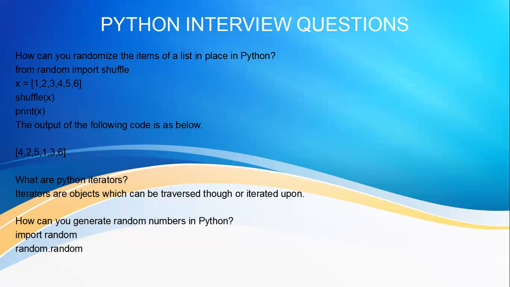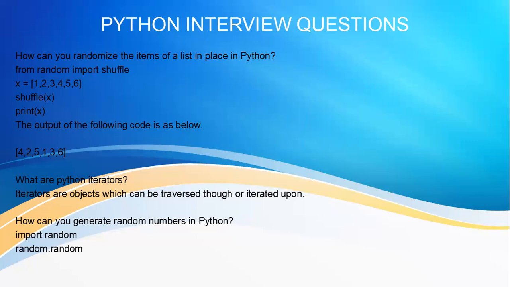What are Python iterators? Iterators are objects which can be traversed through or iterated upon. Not every data type in Python is an iterator. For example, if you say x equals 50, you cannot traverse through this single number. So 50 is not an iterator here. So what is an iterator then?